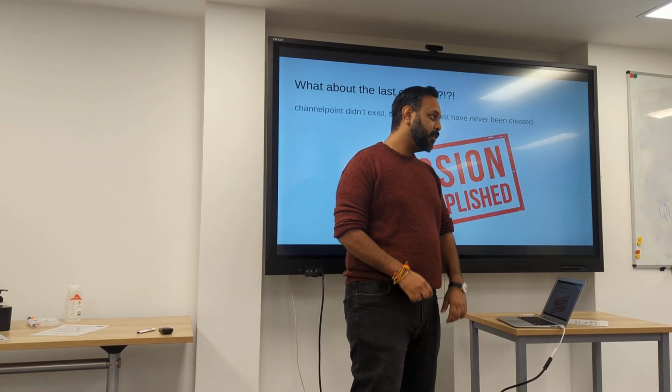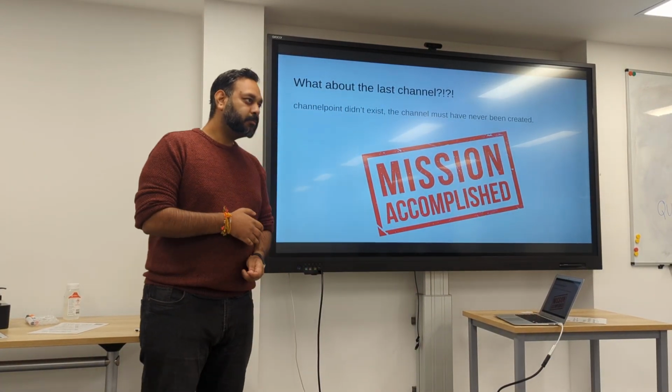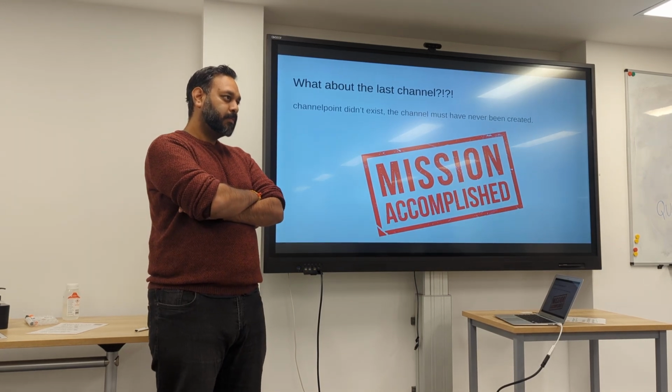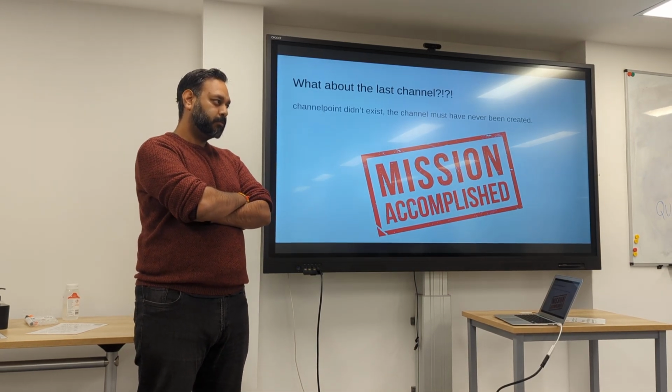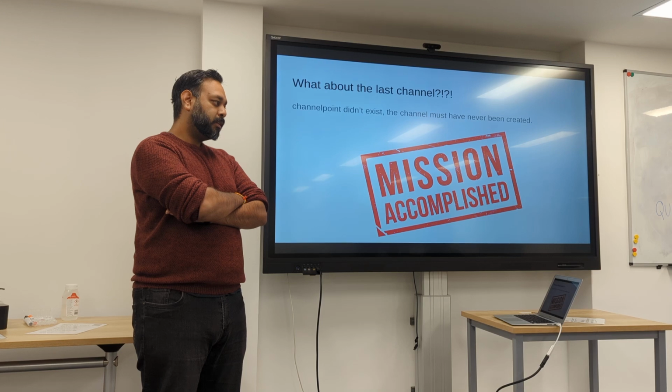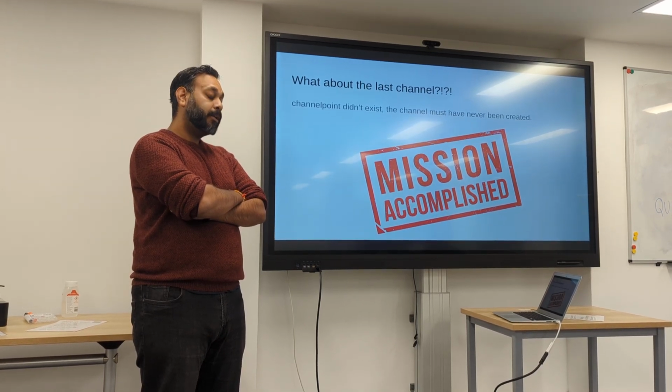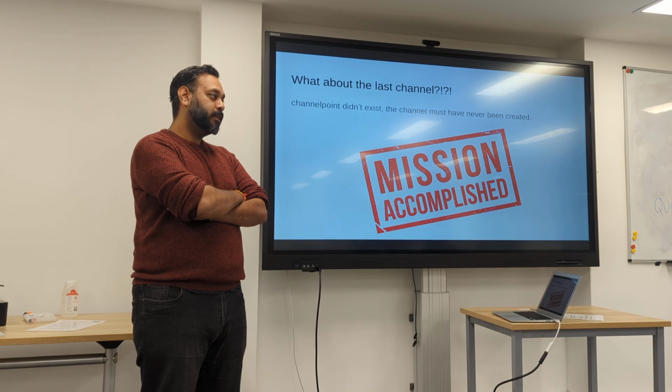I don't understand what you mean. How come you had this somewhere if it didn't get created? I don't know exactly how it happened, but all I know is it has a channel point.